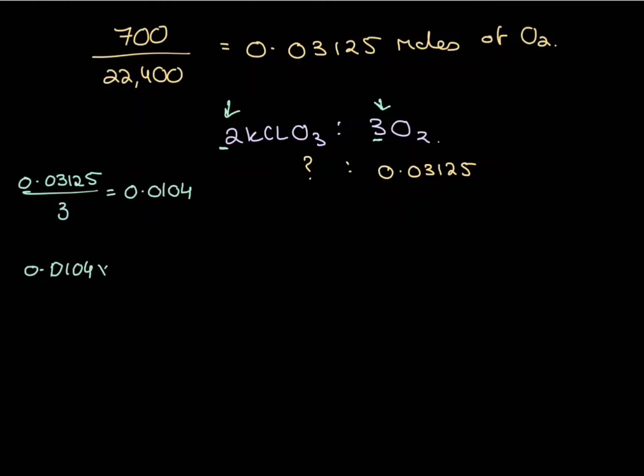So I'm going to take that number and multiply it by 2. And we'll work that out to be 0.02. So now if I go back here, I can write 0.02 moles links up with the 0.03125 moles.